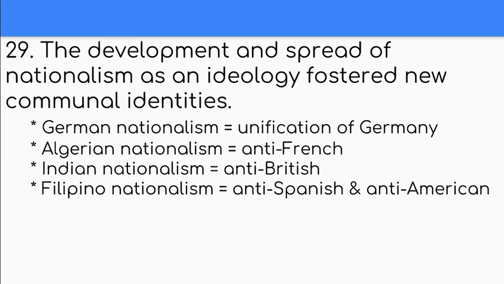We see that sometimes the nationalism is created as a response to imperialism. So, for example, the people of Algeria, they were never unified. They were broken up into smaller tribal communities. And now they're going to unite as Algerians against the French. Same thing is going to happen in India, where the Indian National Congress is going to lead the nationalist movement for independence against the British.